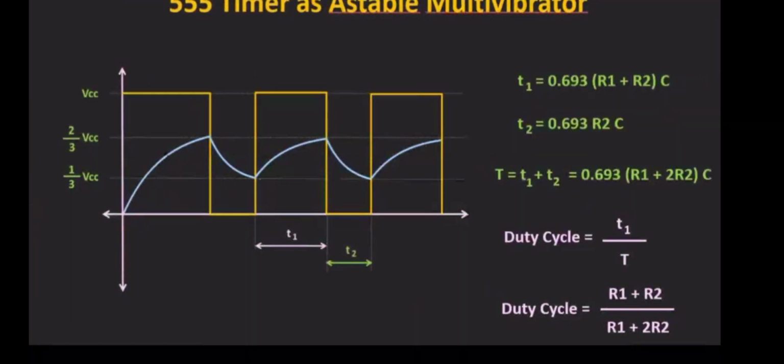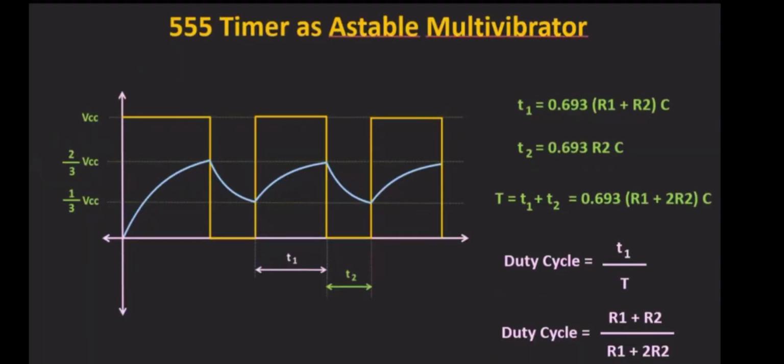Take down these equations. T1 is 0.693 times (R1 plus R2) into C. So why I've told that T1 should be greater: you can see charging time, it charges through R1 plus R2.